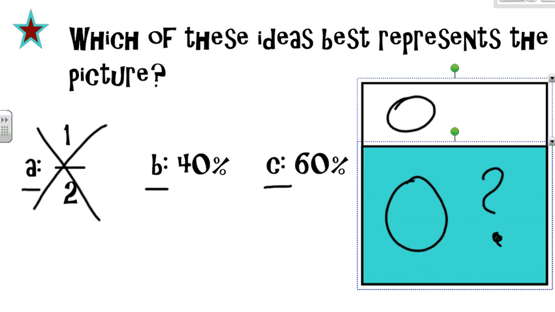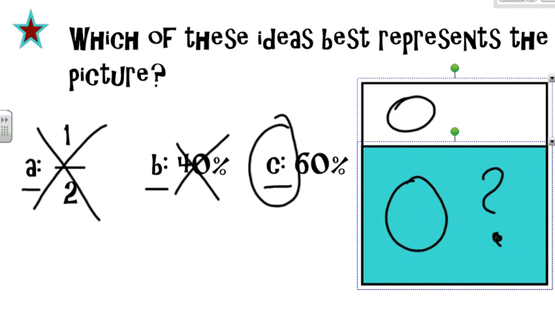And the green section is greater, right? And since 60 is greater than 40, then C is going to be the correct answer, right? And so we use our eyes to estimate and to evaluate, working with percentages and fractions.